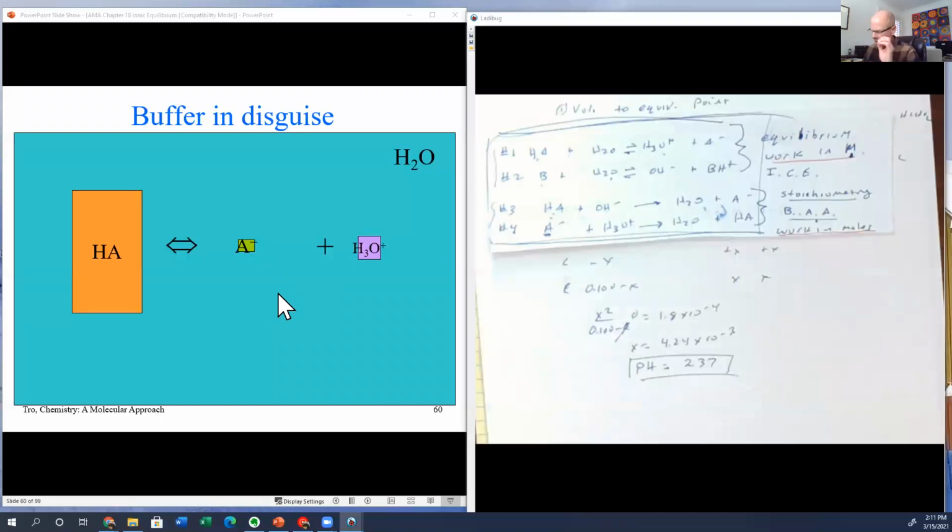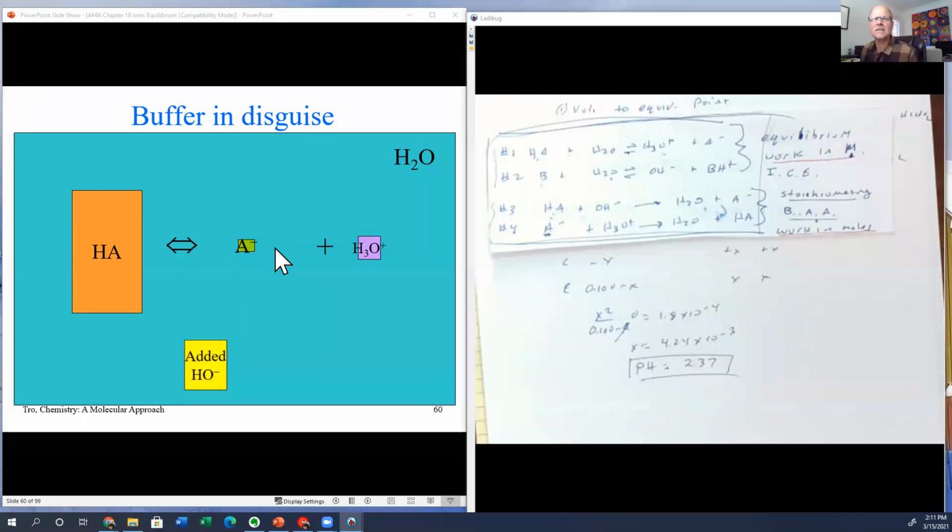When you add a strong base to a weak acid, even though you didn't have a buffer before, you actually create a buffer. All right, so I kind of call this a buffer in disguise, right? Because it's not your typical buffer. Typically, when you think of a buffer, you think weak acid and its conjugate base, or weak base and its conjugate acid, right? But when you add a strong base to a weak acid, look what happens, right?